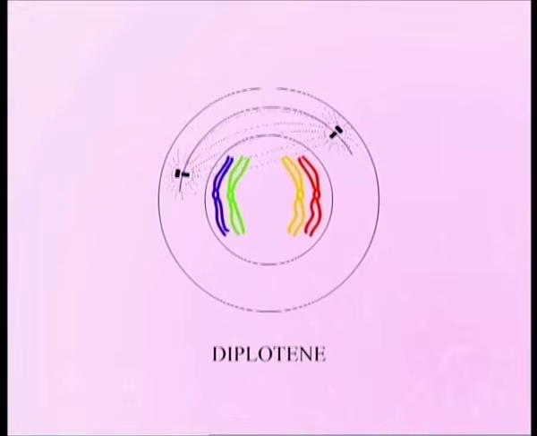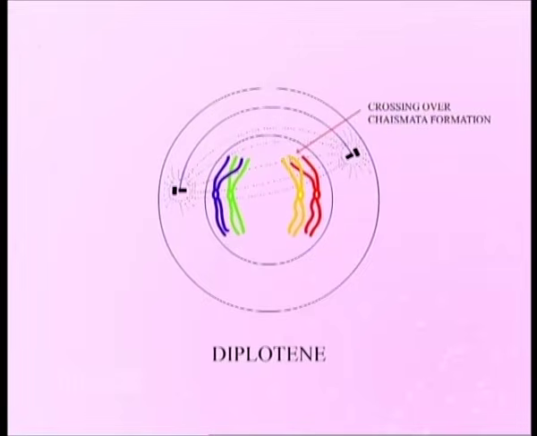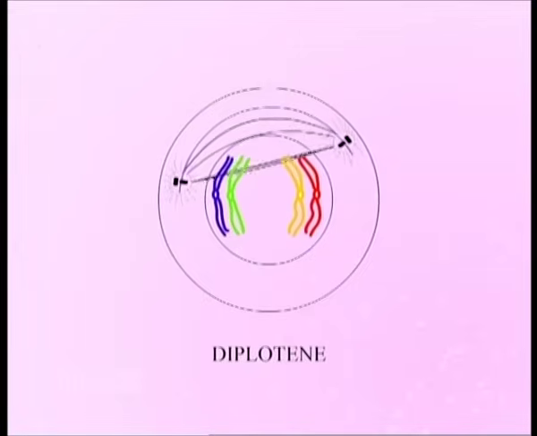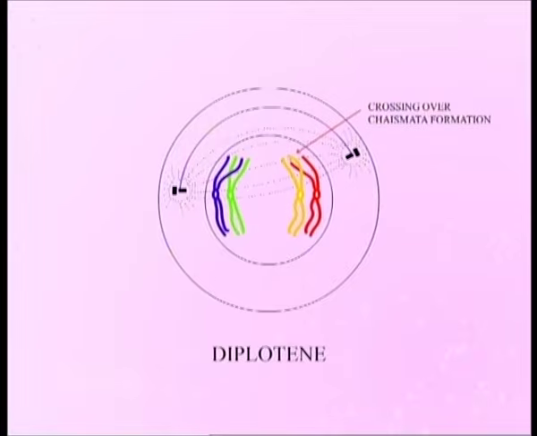In diplotene, the homologous chromosomes begin to separate. The 2 non-sister chromatids of a homologous pair remain attached at 1 or 2 points, that is the chiasmata. It is at the chiasmata that exchange of segments of chromatids between homologous chromosomes takes place.